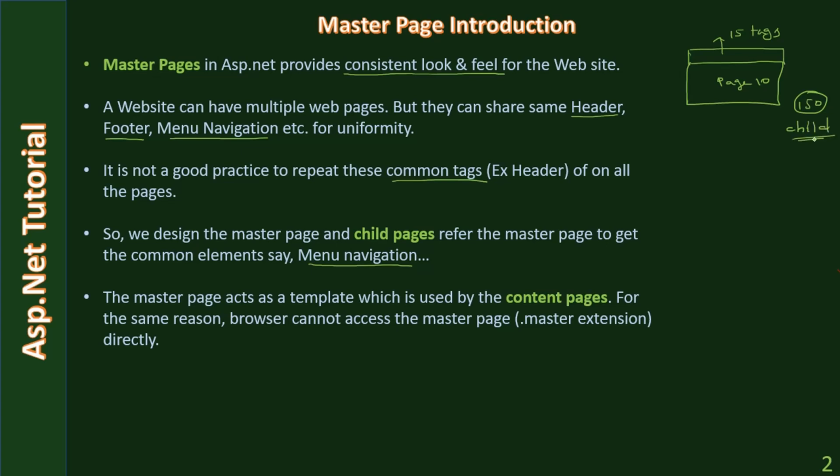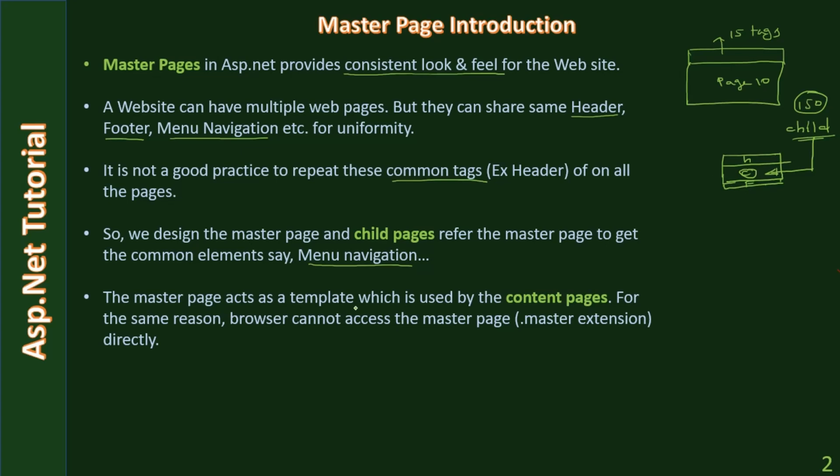When you create the child page, you can refer to the master page, and the master page will just contain a template like this. This will be the header, and if there is a footer, you will have a footer, and this will be called a content page. So the child page will refer to the master page and also go and sit in the content location, thereby getting the same header and footer.